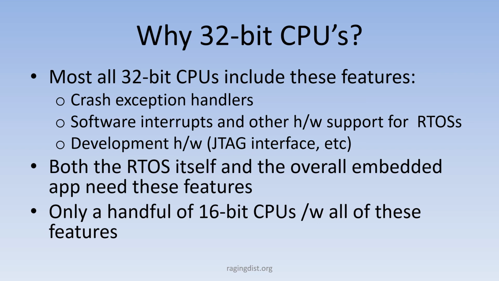The 32-bit CPUs became popular in, say, the mid to late 90s, and they pushed out the 8086 and replaced those with, say, ARM7TDMIs. At the same time, you started seeing RTOSs instead of schedulers popping up all over the place. So the RTOS and the overall embedded app require these features.